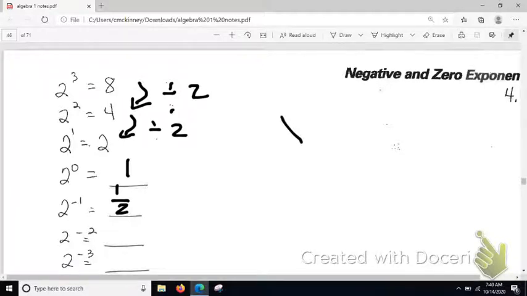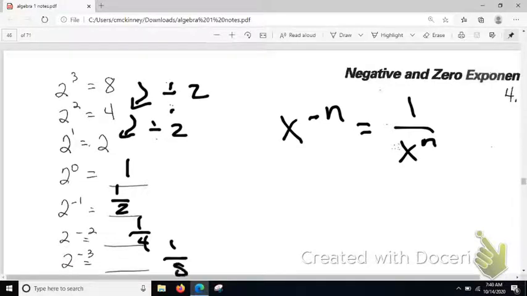So here it is in our rule, and that n just means some number. So when it was 2 to the negative first, that's 1 over 2, because 2 is 2 to the first. 2 to the negative second, 1 over 4. 2 to the negative third, 1 over 8.